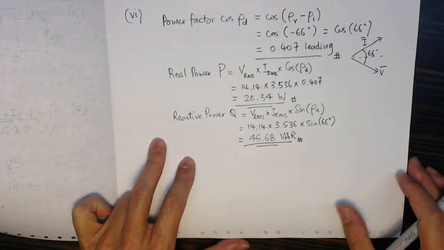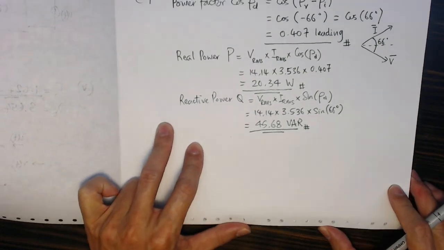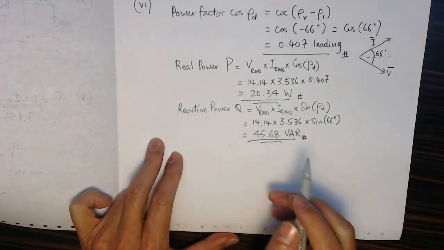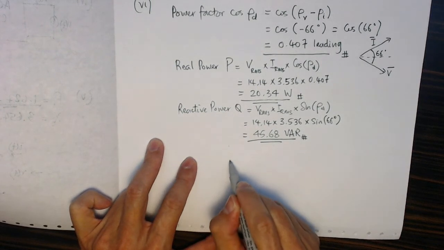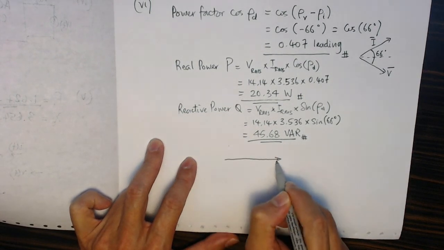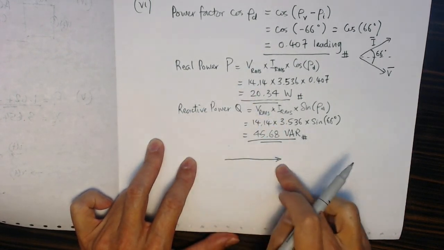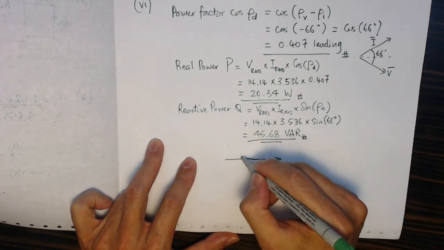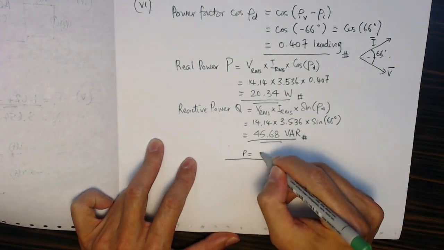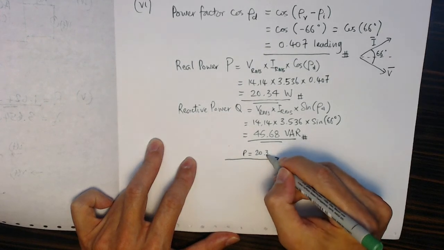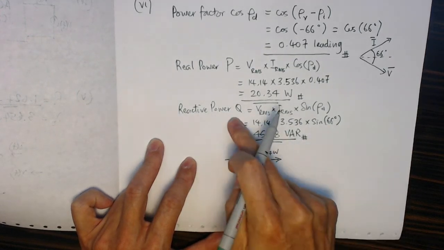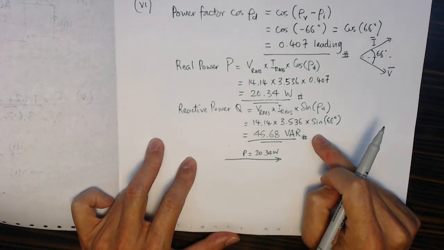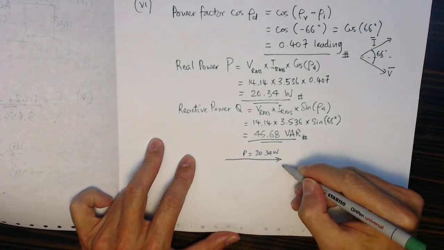Now, what's left for us to do is to draw the power diagram. What is a power diagram? A power diagram is basically a relationship. In this case, the real power is on the horizontal because it's resistive, which is given as P, 20.34 watts. The reactive power, because this is capacitive, we draw it downward.